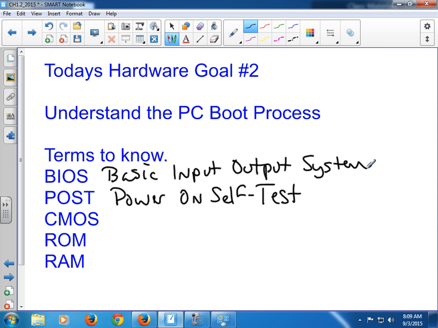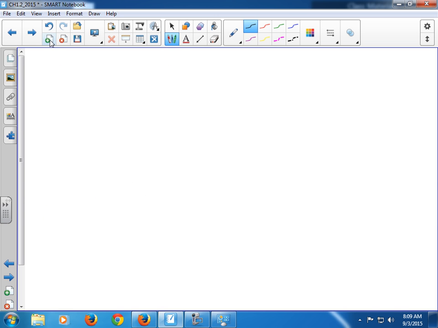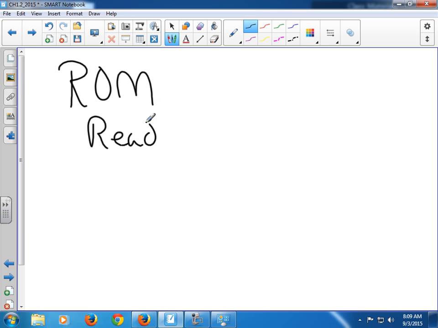BIOS has got to be stored somewhere. And it's stored on CMOS ROM. First of all, actually, does anybody know what ROM stands for? ROM stands for read only memory.